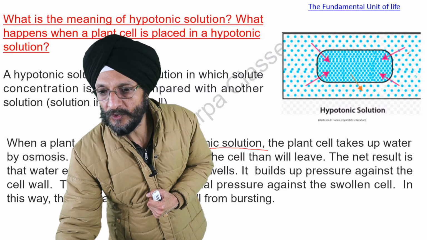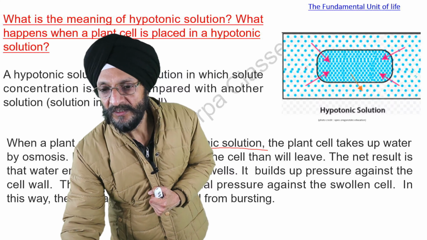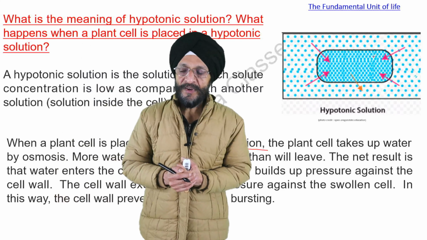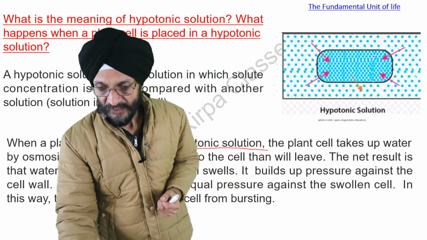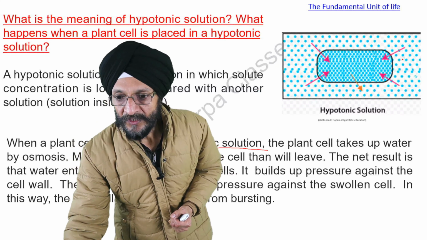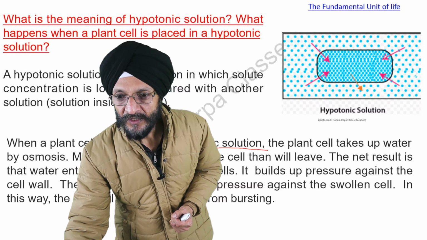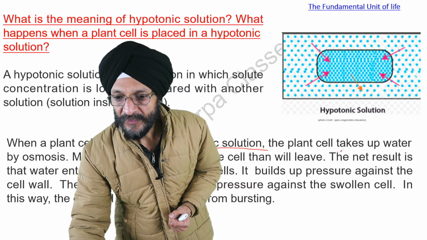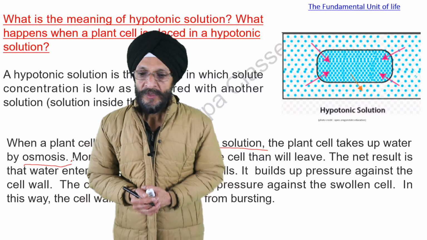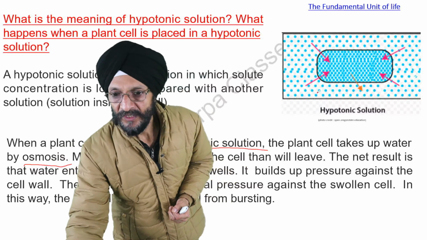Water is more outside the cell, whereas water is in less concentration inside the cell. So when a plant cell is placed in the hypotonic solution, water will come inside the cell by the process of osmosis. More water will come inside the cell.